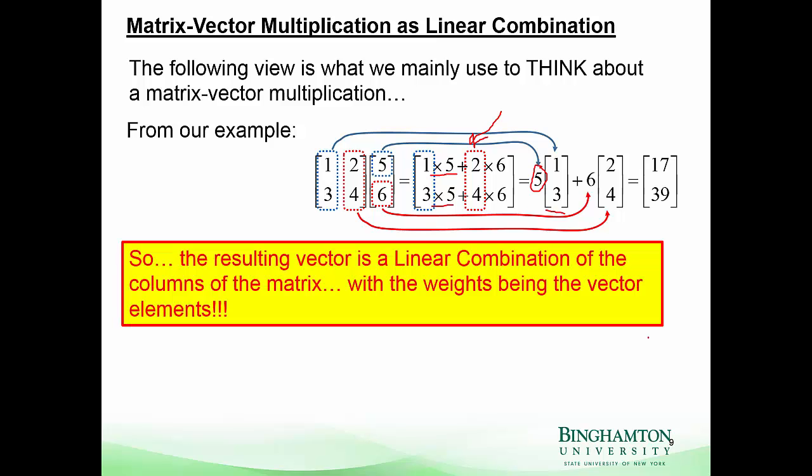So we can see that this does actually work. Like I said, it's less common that we actually do it this way, although sometimes we will. But this is a great way to view what this matrix times vector is actually doing. So get burned into your brain that matrix times vector is really just forming a linear combination of the columns of the matrix, where the weights that are taking part in this linear combination come from the vector that's being multiplied.